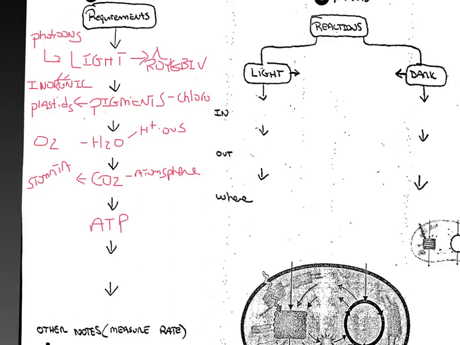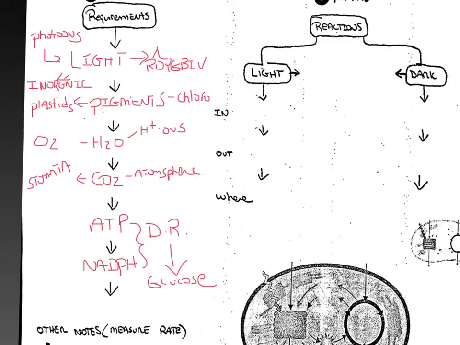Remember, ATP will fuel the dark reaction. And then the last requirement is going to be NADPH. Again, these two guys will then go to the dark reaction and transform their energy into the energy to make glucose.